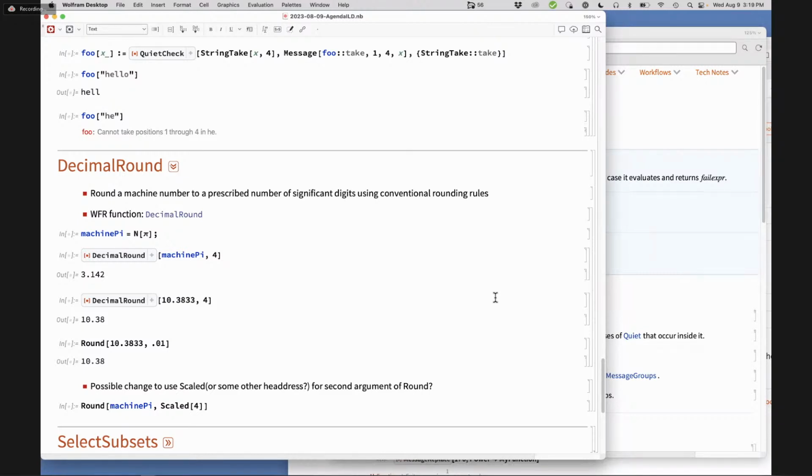One possibility, Bob and Rick, we don't like decimal round as a standalone function, at least by that name, but perhaps there's some merit to having a scaled headdress in round to represent relative error effectively, or relative number of digits.